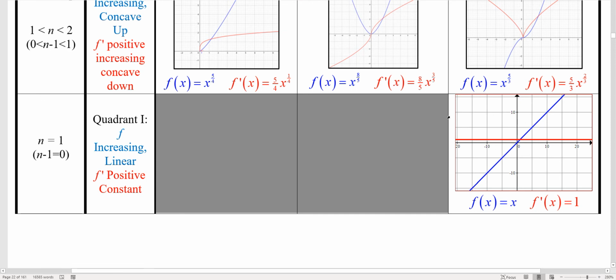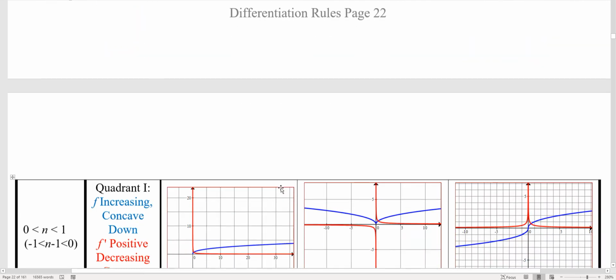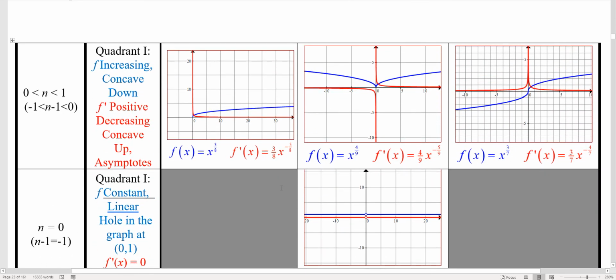When n equals 1, that's y equals x. We know this derivative is y equals 1, which is a horizontal line, so the derivative is positive and constant there. When n is between 0 and 1, the original graph is increasing, concave down in the first quadrant, and its derivative power will be a negative number between -1 and 0.